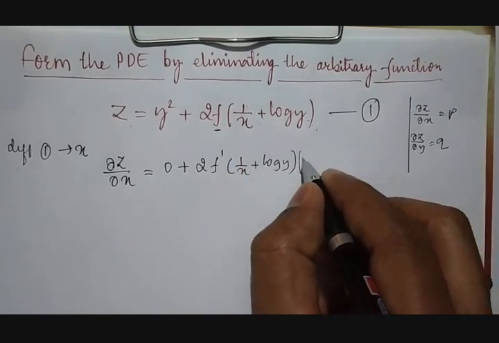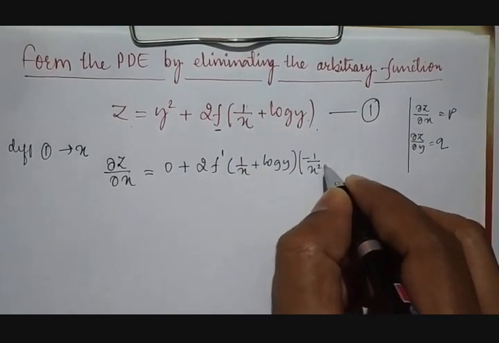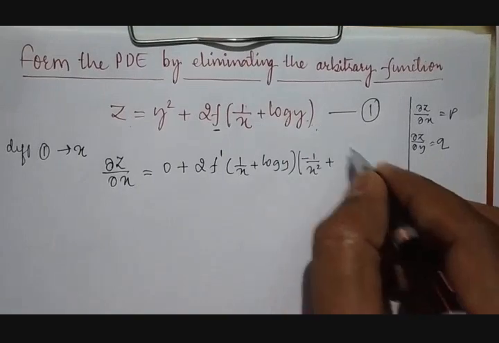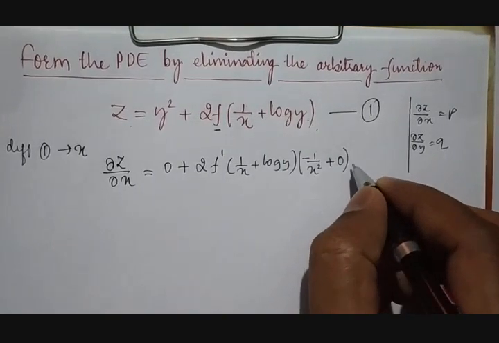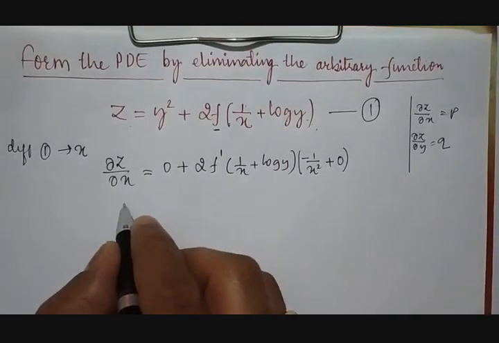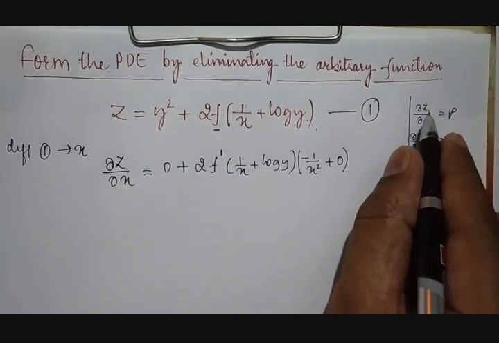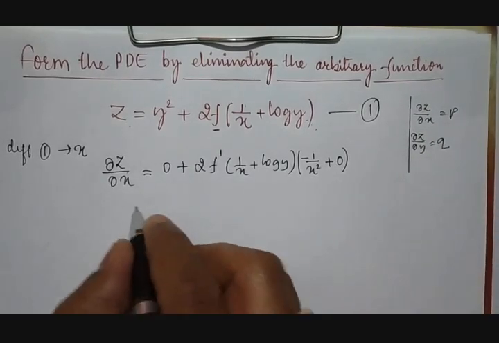Differentiation of 1 by x is minus 1 by x square, plus differentiation of log y with respect to x will be 0. Therefore, as per the notation, dou z by dou x will be taken as p.